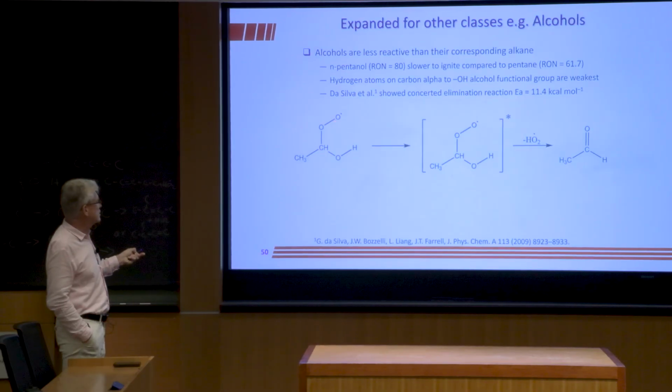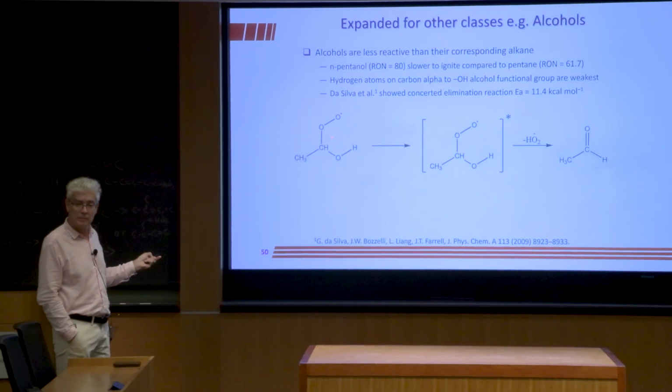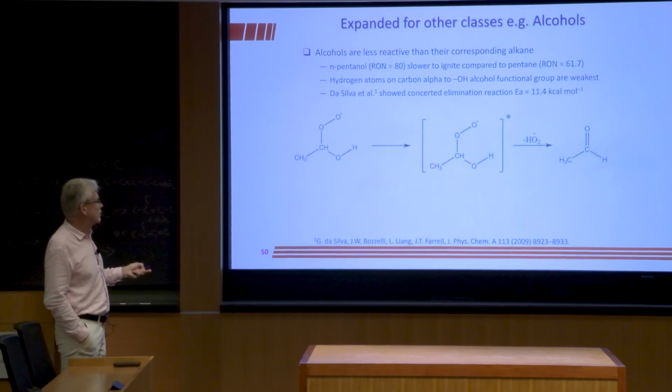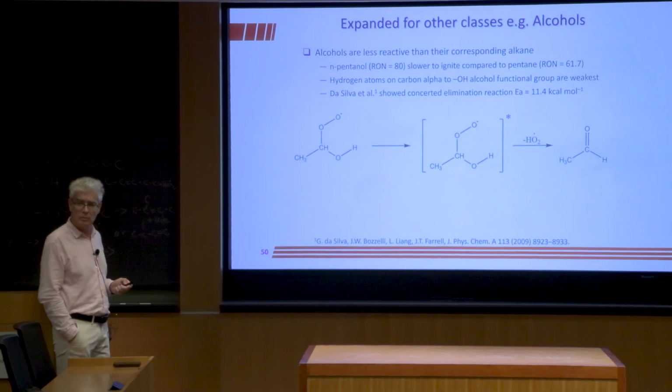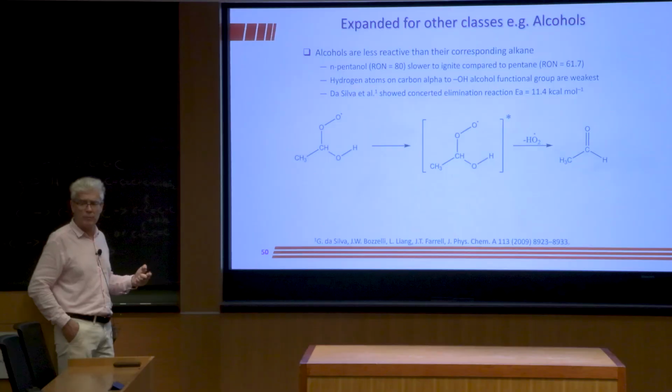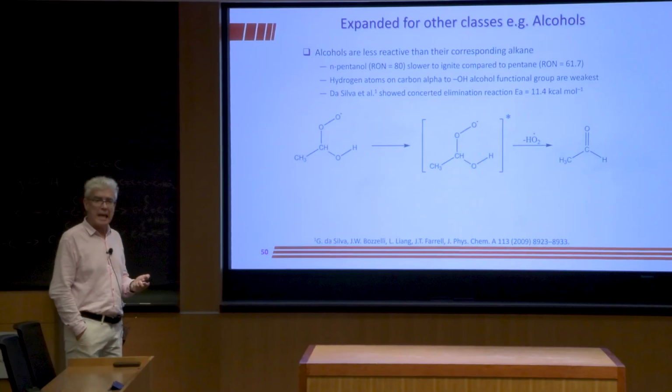This radical adds to O2, and you get this radical, the RO2 radical. And then that goes through this transition state, and you get concerted elimination to give acetaldehyde plus HO2. Okay? So you're getting that concerted elimination just like you would from the 5-membered ring in an alkane.